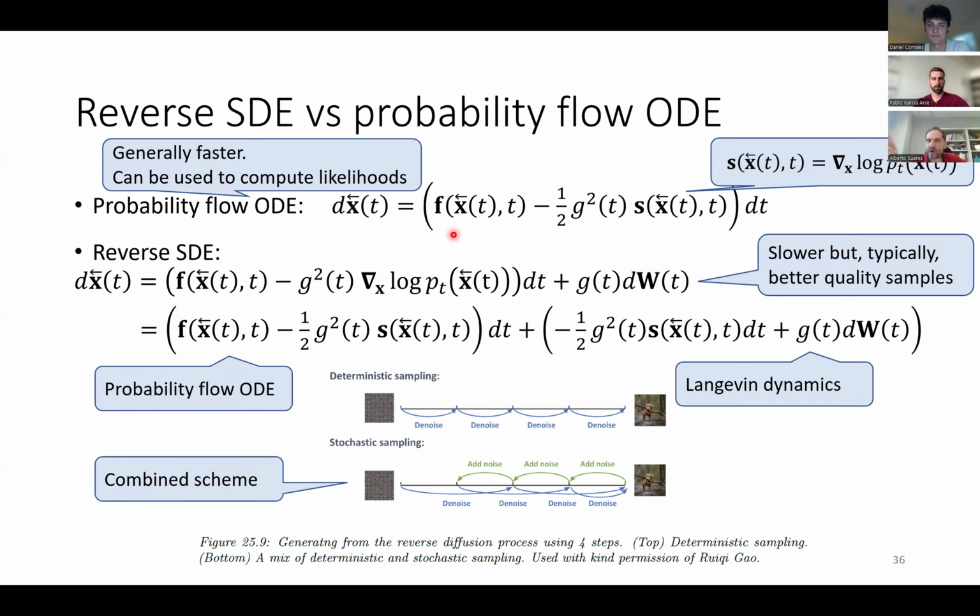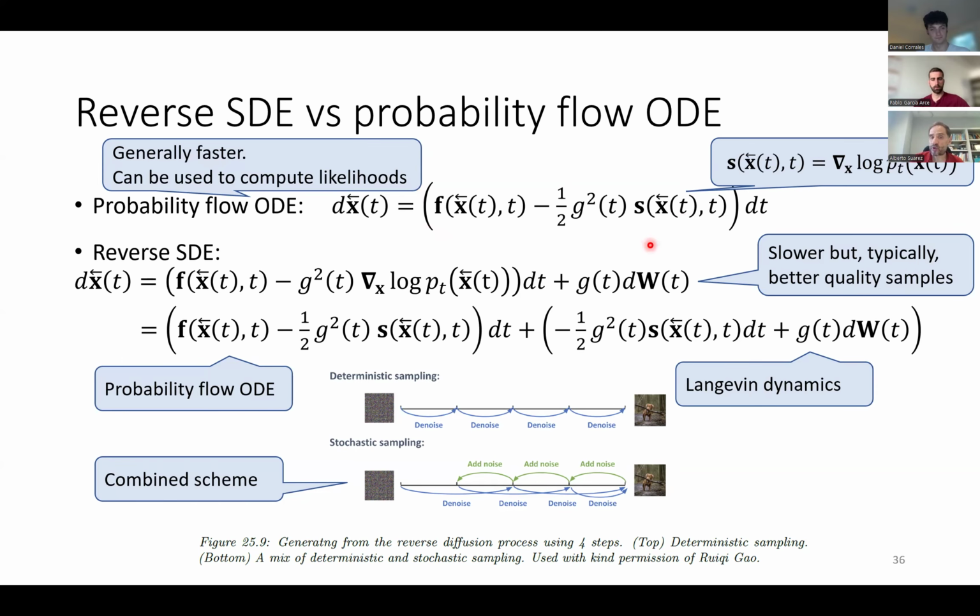What I can do is write an equivalent probability flow ordinary differential equation. So in fact, even though I've described the reverse process as also a stochastic differential equation, you could do the solution of a deterministic ODE.